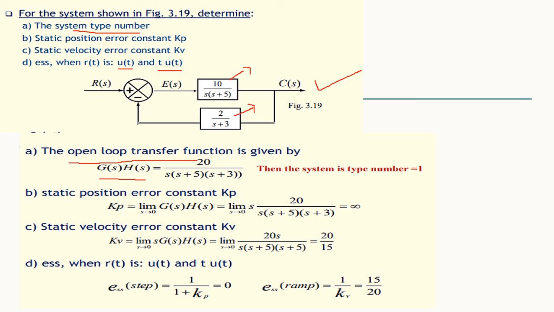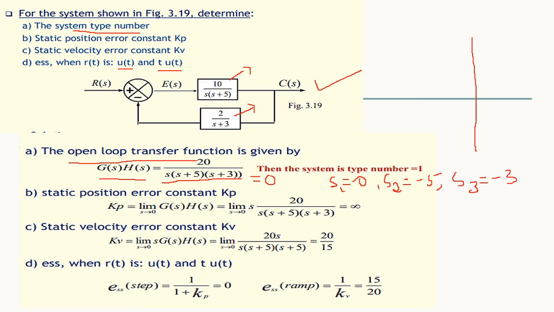G of S into H of S, I can easily write as 20 divided by S into S plus 5 into S plus 3. If I equate the denominator, that is the characteristic equation, to 0, then S1 is equal to 0, S2 is equal to minus 5, and S3 is equal to minus 3.